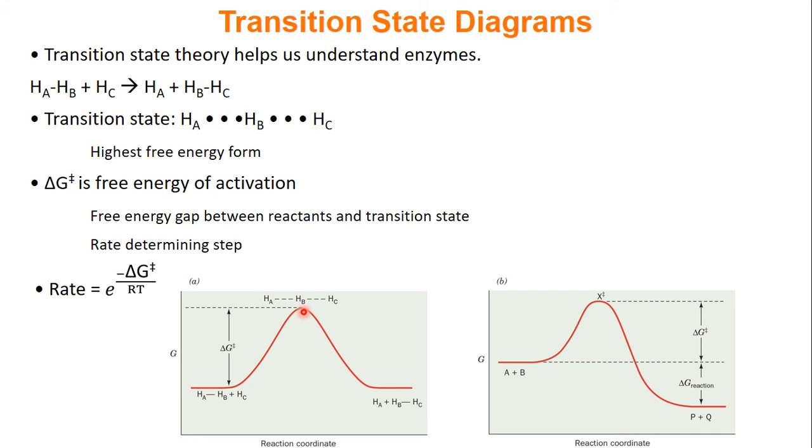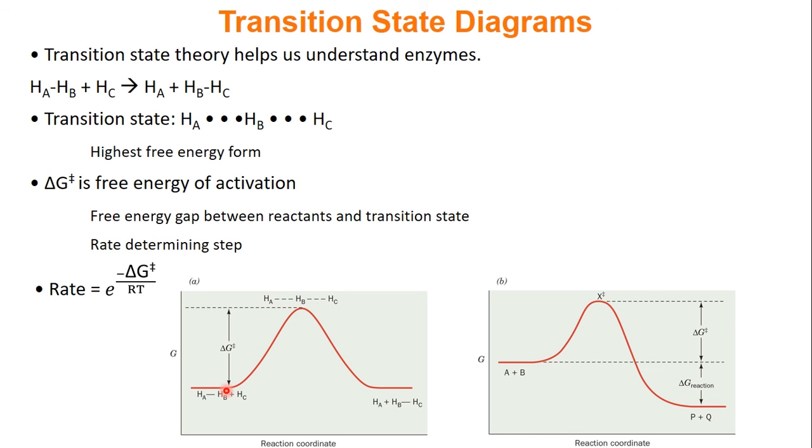At the very top, we have our halfway point of this reaction where we have kind of broken the bond between B and A, not all the way, and kind of formed the bond between B and C, not all the way. This is called a transition state, and it's very high energy.